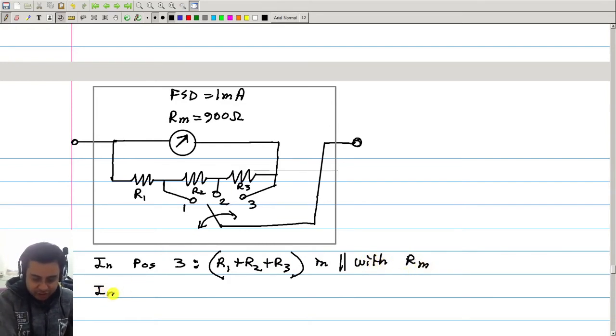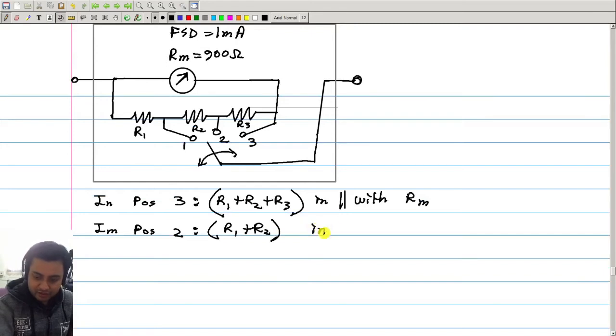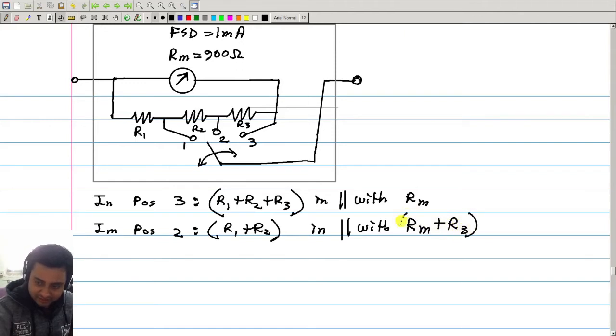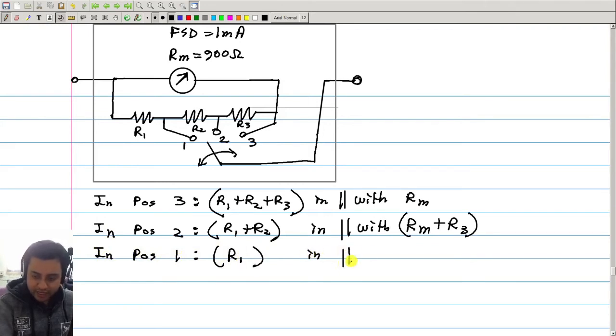Then in position 2, we have R1 and R2 in parallel with Rm plus R3. And in position 1, only R1 is in parallel with Rm plus R3 plus R2.